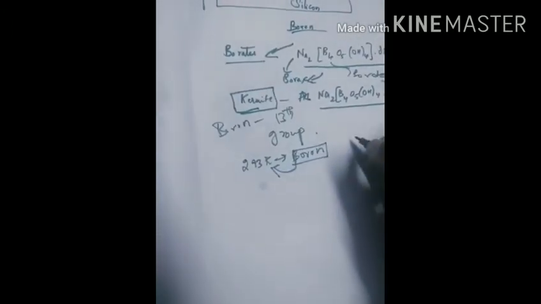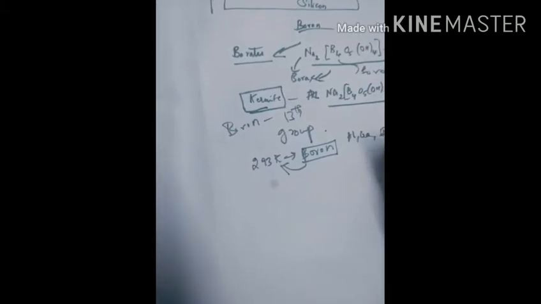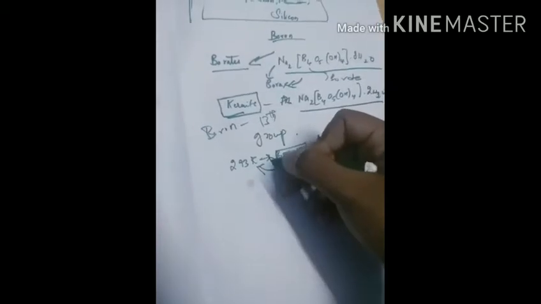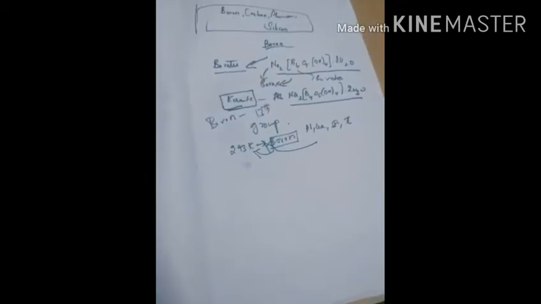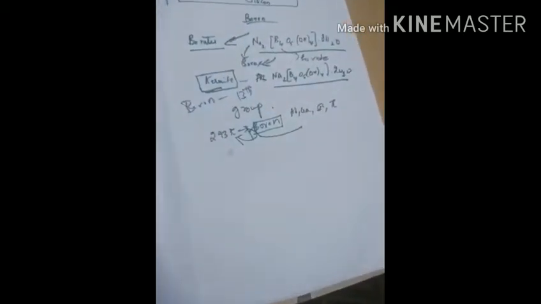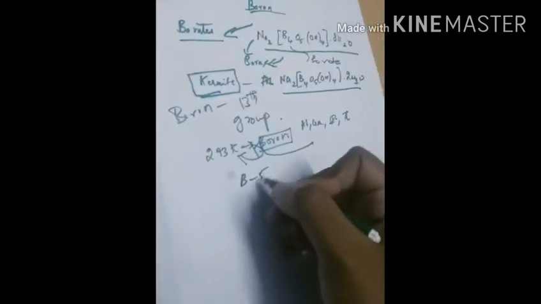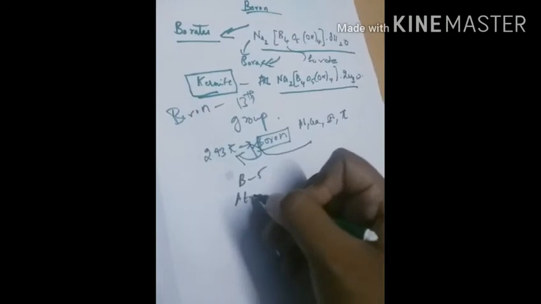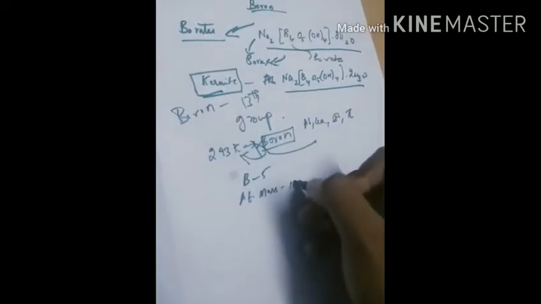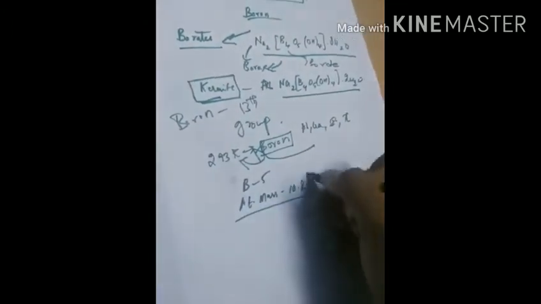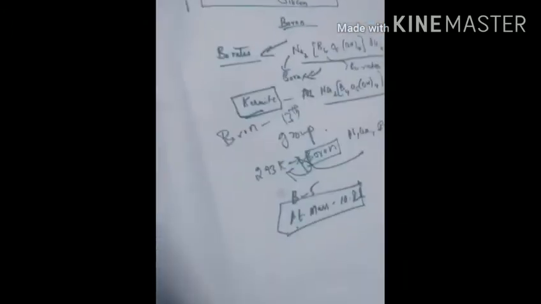And aluminium, gallium, indium, thallium, everything is considered at 293 Kelvin. We all know the atomic number of boron is 5. Atomic mass is 10.81. Everything is given in a box in your book, so you have to know about it.